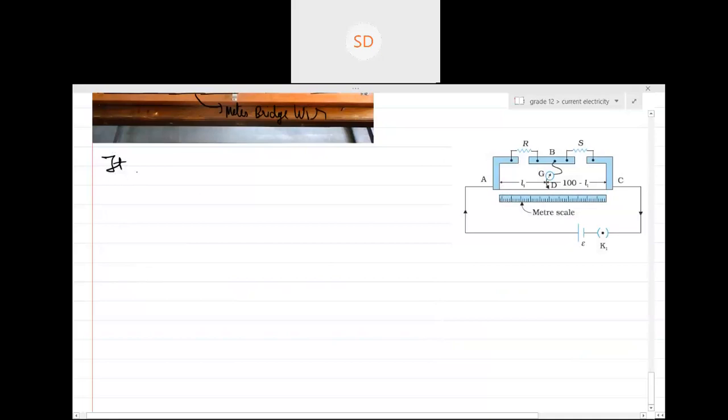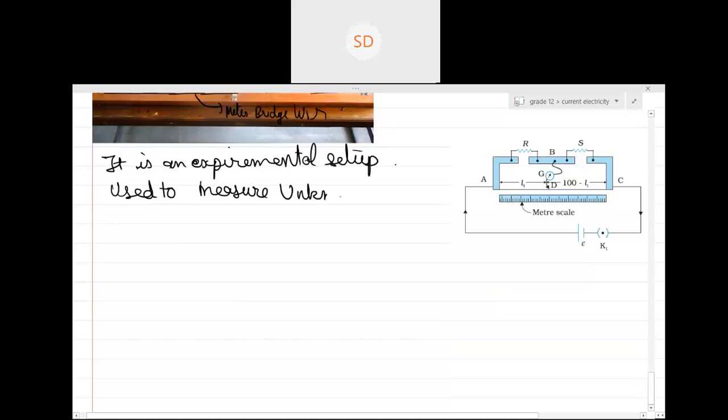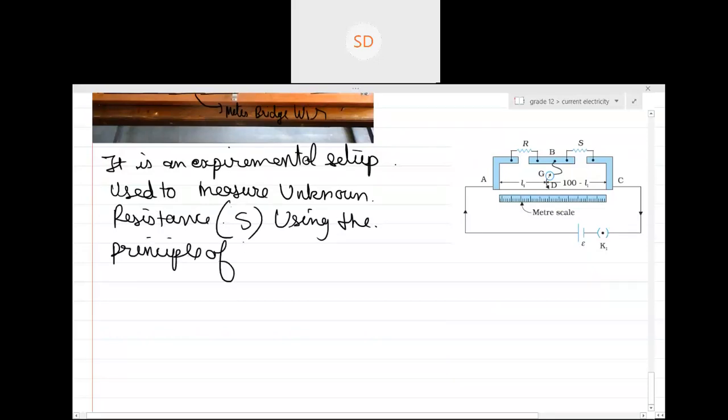Please draw it. So it is an experimental setup used to measure unknown resistance S using the principle of balance condition of a Wheatstone bridge.